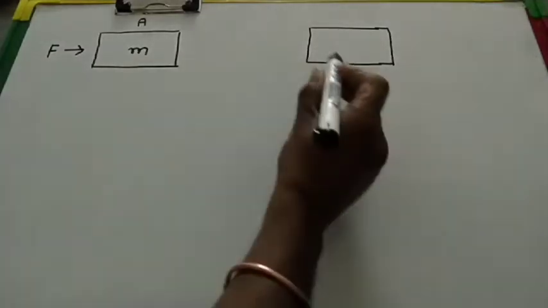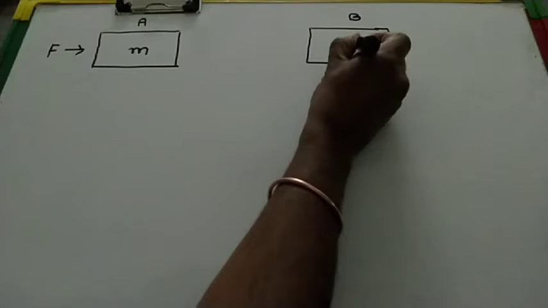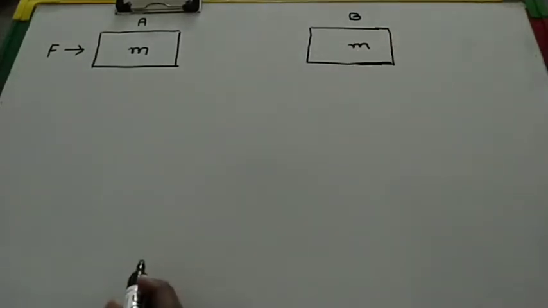Dear students, take a mass of a body. The same mass of a body is now at a point, initially A. I applied a force here. As a result, the body moved from point A to point B without change of its mass.